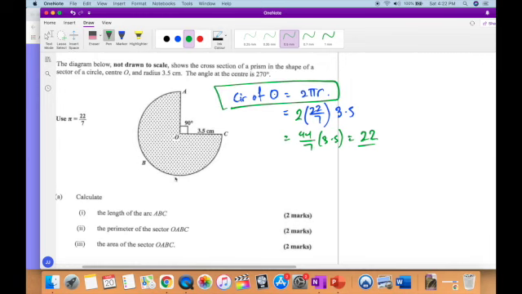I want this. So the arc ABC is 270 degrees of the 360, which is 3/4 of the full circle. So it'll be 3/4 of the full circumference, which is 16.5. This looks a little bit better.